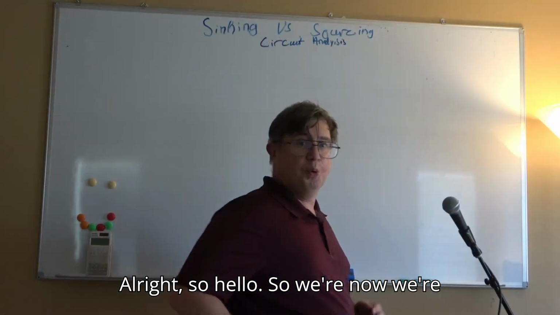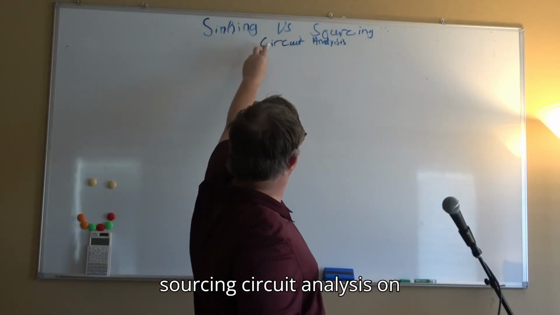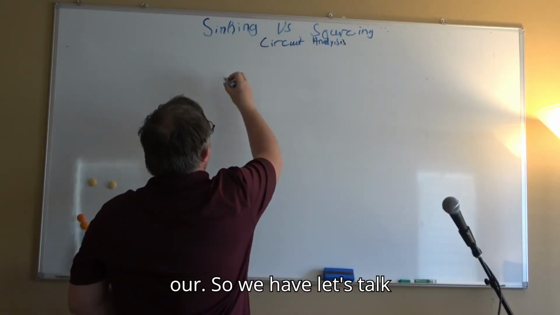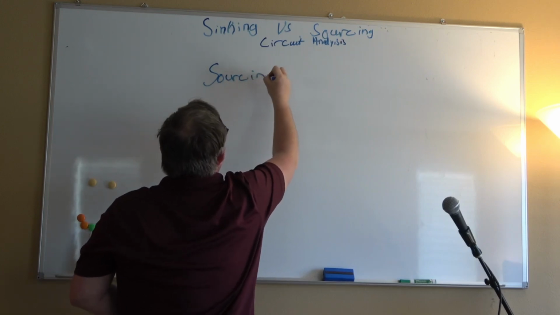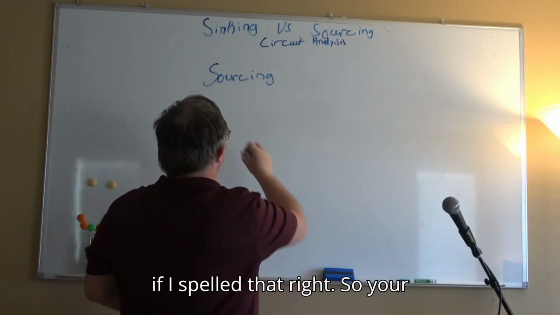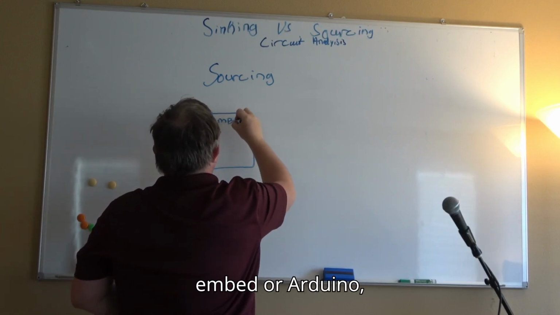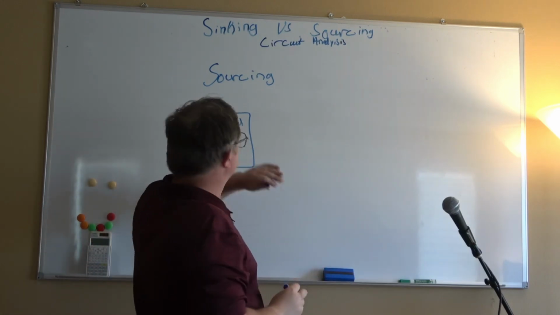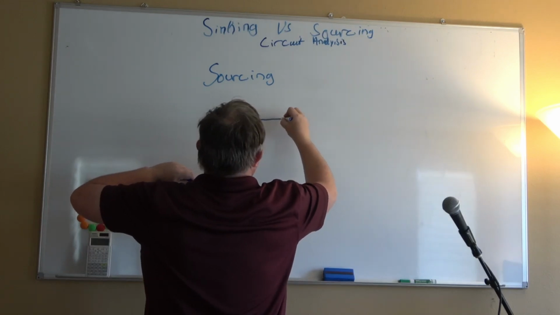All right. So we're going to go to the syncing versus sourcing circuit analysis. Let's talk about sourcing. Your MBed or Arduino, whatever it is, it doesn't matter, is going to be attached to it.